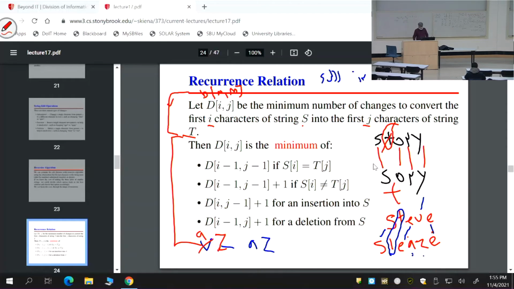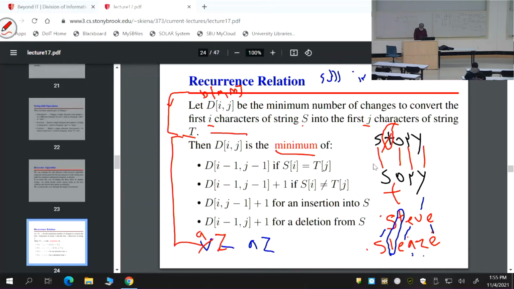What is my recurrence? My claim is that if you're editing the first i characters of one string into the first j characters of the other, the cost is going to be the minimum of all possibilities. What are the possibilities?